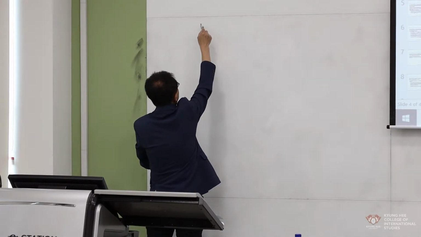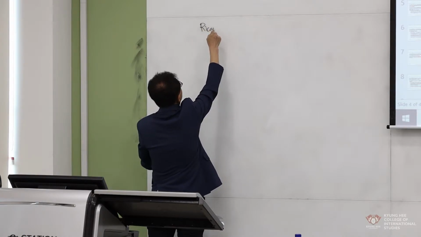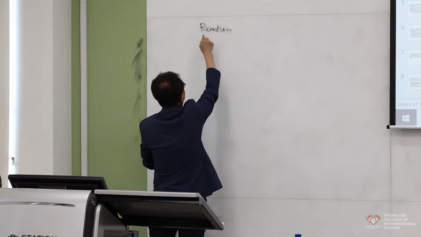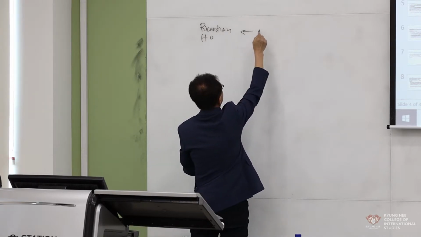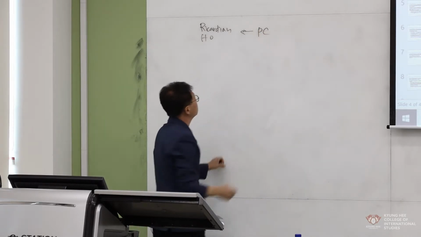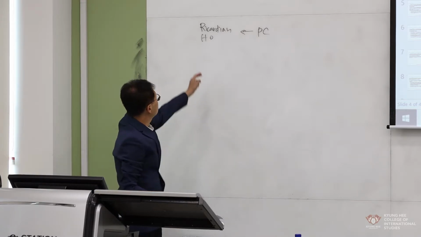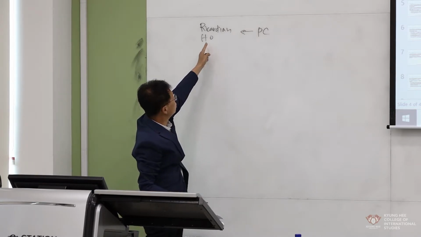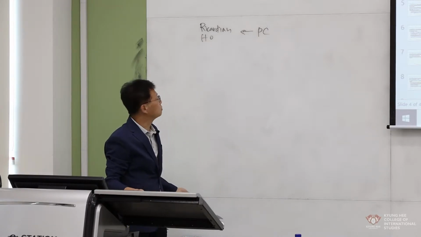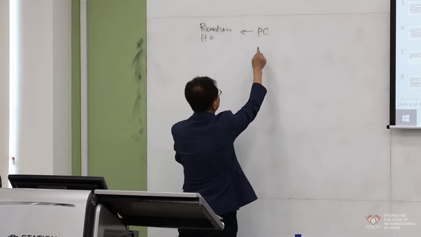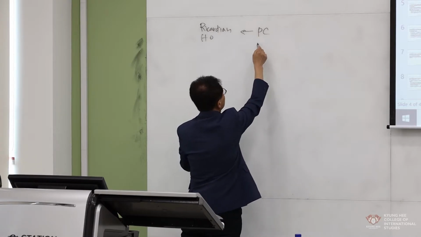We studied the Ricardian model and the Heckscher-Ohlin model, right? Based on a perfectly competitive market. The theory of international trade is the Ricardian model or Heckscher-Ohlin model. We already know that. But the market is not perfect, right?